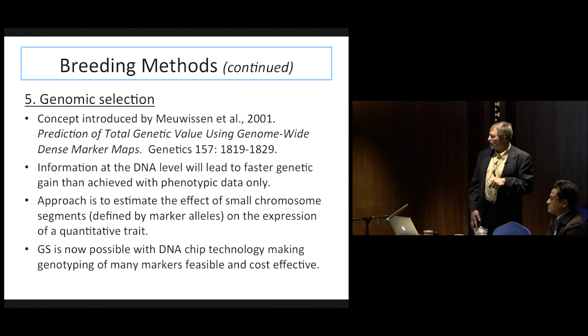And this is now possible because DNA chip technology is making it feasible and cost-effective. In fact, the Cornell DRRW project supported a graduate student to investigate genomic selection for adult plant resistance. And that paper also is in the package if you care to study it.